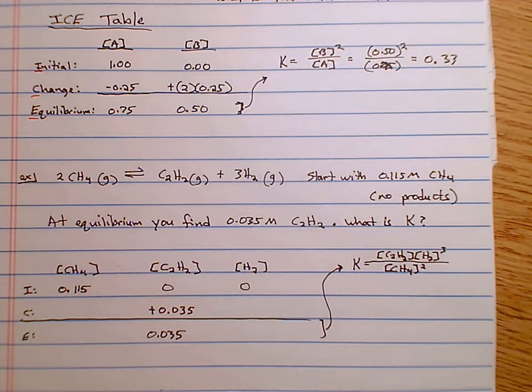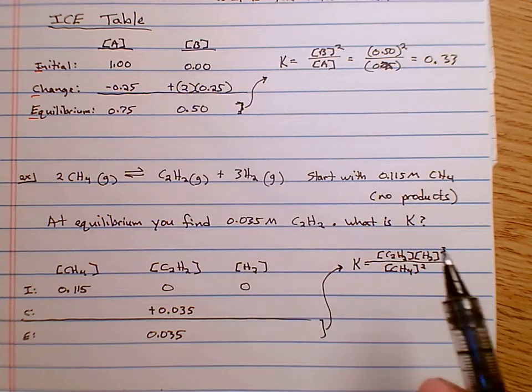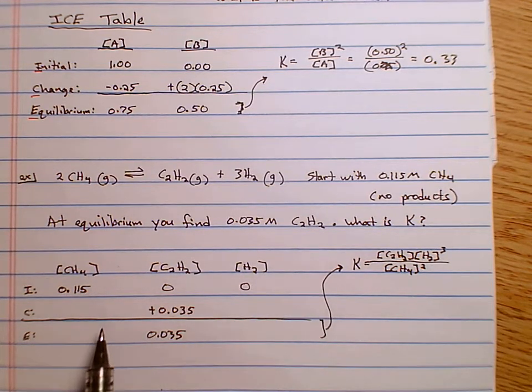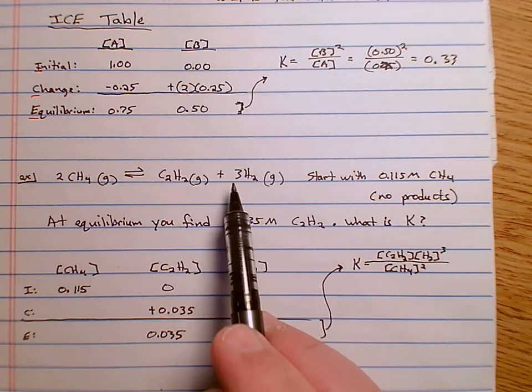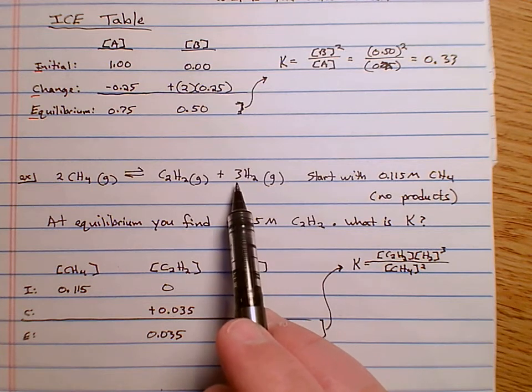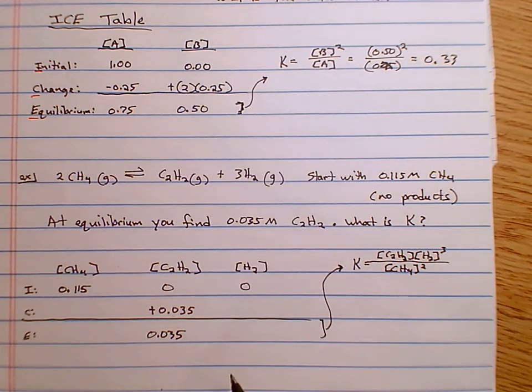Okay, now that we have that, what do we do? Let's look at our stoichiometry. If we added 0.035 molar here, our stoichiometry says we're going to add 3 times that amount of H2.